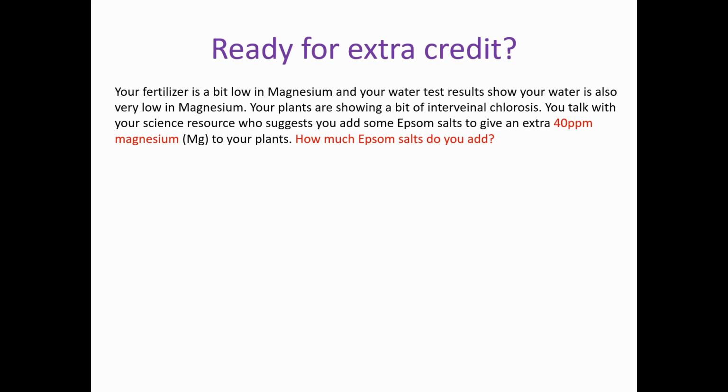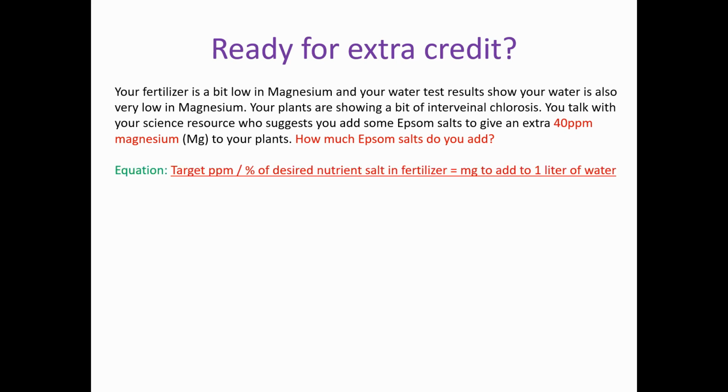So you talk with your science resource, and you come to the conclusion that you should add some Epsom salts to give an extra boost of magnesium, probably in the level of, say, 40 parts per million. So how much Epsom salt do you need to add per gallon of water to give you that extra 40 parts per million magnesium boost?